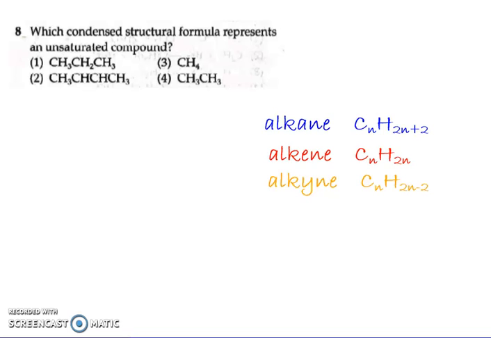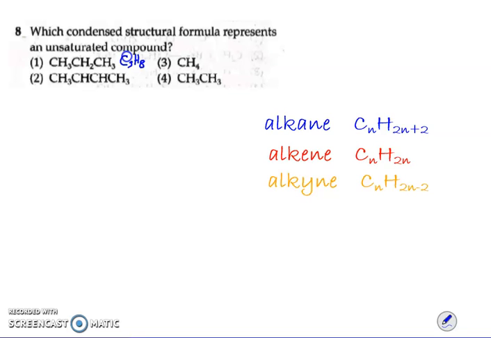So now we just need to figure out which one is not an alkane. So you go through and look at each one. And so you look at the first one. The first one has 3 carbons, and it has 8 hydrogens. 3 carbons, 8 hydrogens. That is an alkane because it is C3H8.